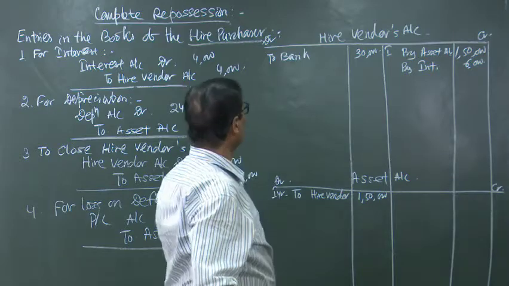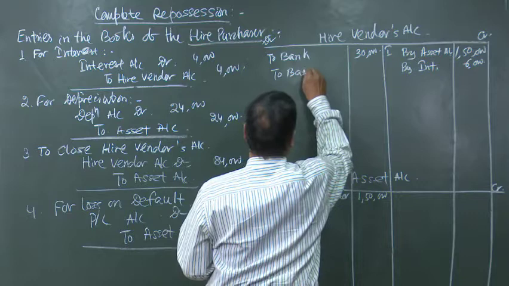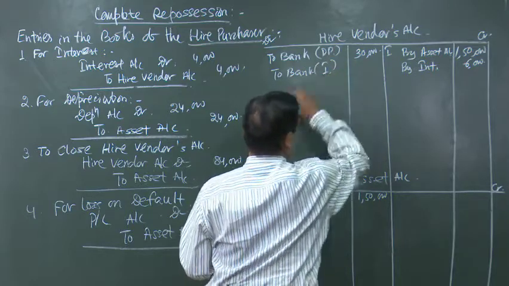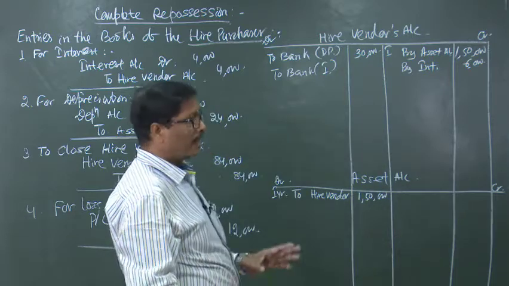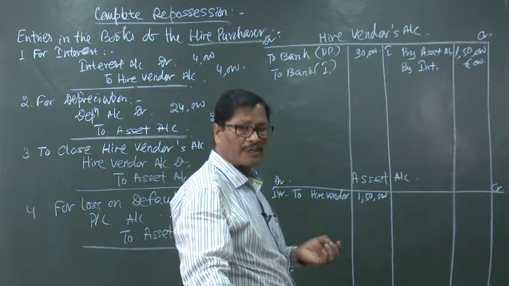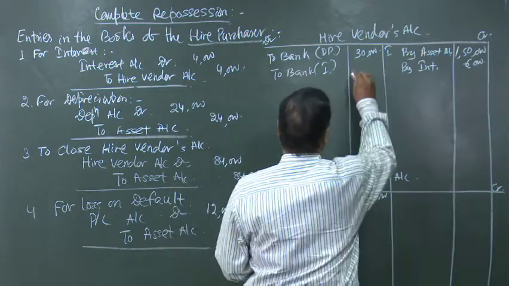And what we paid, he has paid to bank. If the earlier one was the down payment, this was the first installment. How much? Each time he is giving 1,20,000 divided by 3, that is 40,000, plus 6,000 towards the interest. So 46,000.